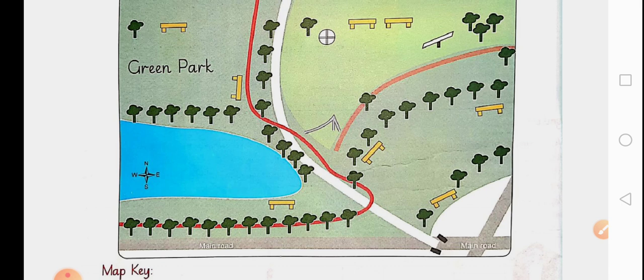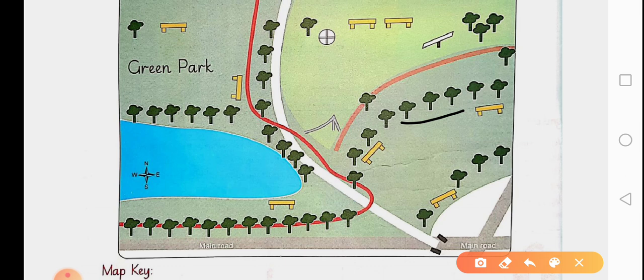So in order to make it easier for you to read the map, there is a key given at the end of every map in which they have explained the symbols in detail. For example, on page number 28, there is a map of a green park. If you look at that map, you will see different things are drawn here. We know the meaning of certain things. For example, it means tree.